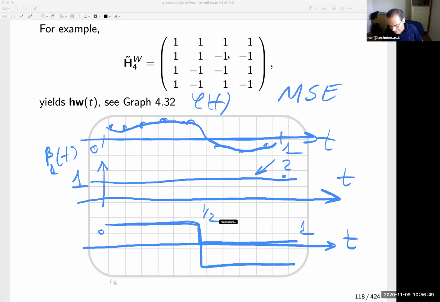If you know nothing about the signal, then somehow dividing and conquering the domain and representing your functions with, again, now I'm limiting myself to piecewise constant functions, does have a meaning. So if you understand this idea, this is the best first function to choose.